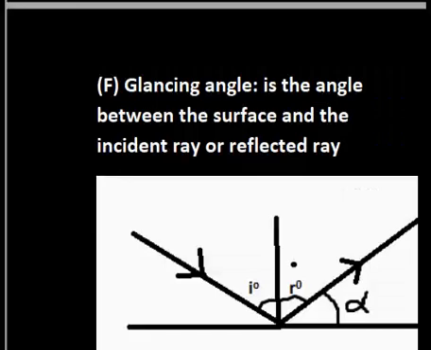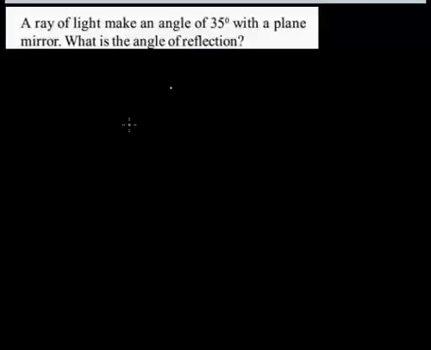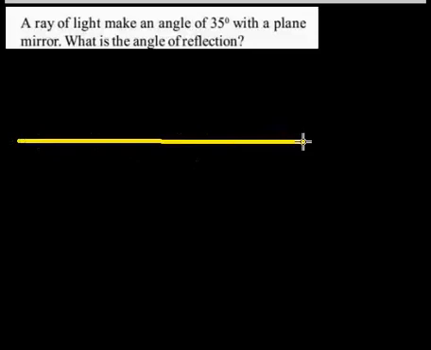So here we go. I'll bring some questions to the screen. A ray of light makes an angle of 35 degrees with a plane mirror. What is the angle of reflection? So this is the ray, this is the mirror.